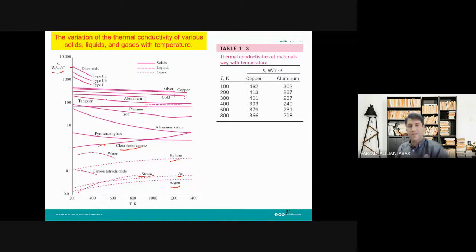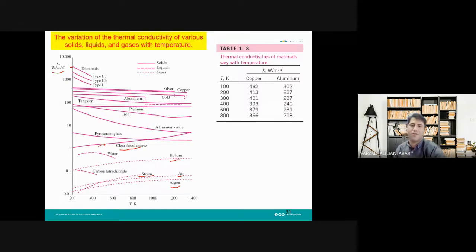In the previous example, it was a 100 degrees, 200 degrees Celsius change in the temperature. So how much has the thermal conductivity changed? We need to check whether we can assume that thermal conductivity is constant during that heat transfer process or not. For example, for copper and aluminum, you can see at different temperatures, we have different thermal conductivity.